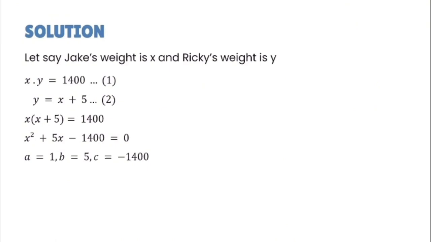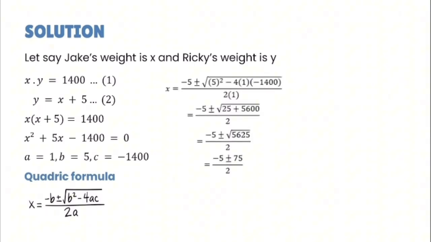So, A is equal to 1, B equals 5, and C equals negative 1,400. Then we can solve this problem with the quadratic formula. We know that the quadratic formula is here. Then we substitute the A, B, C from the general form that we got.